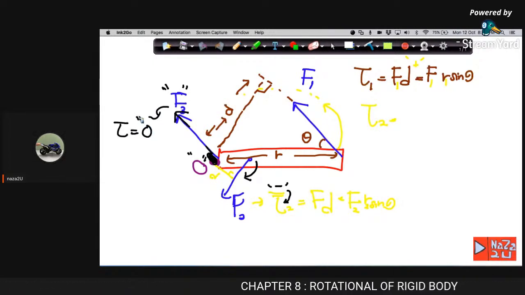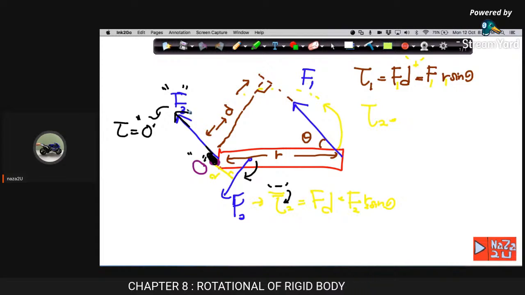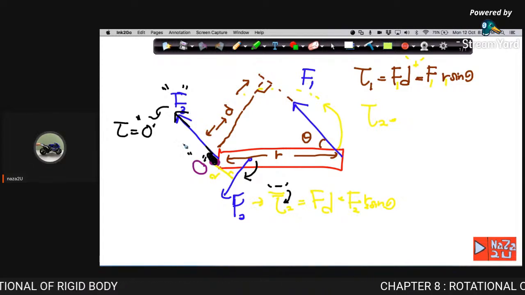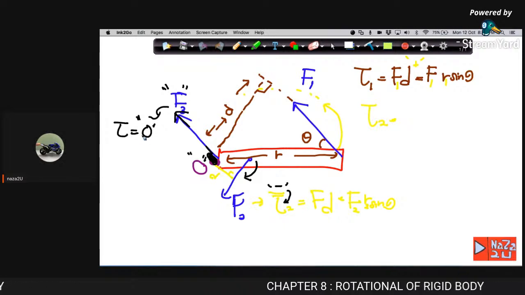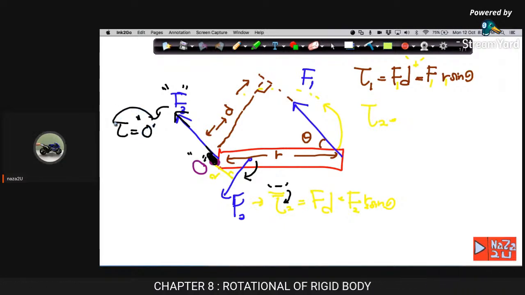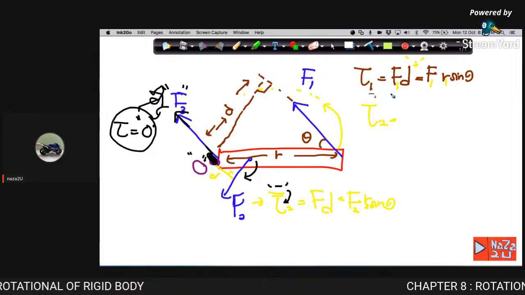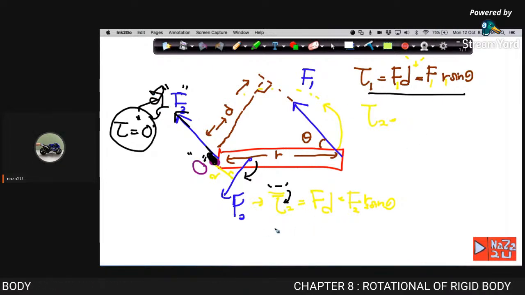So it is easy. If the position of the force is the same as the pivot point or moment arm here, torque is equal to 0. Right? So we do not need to consider F3 here. So we have only the first torque and the second torque.